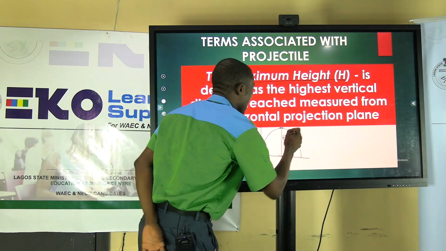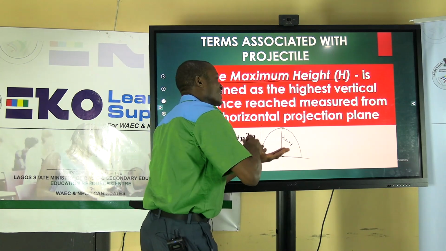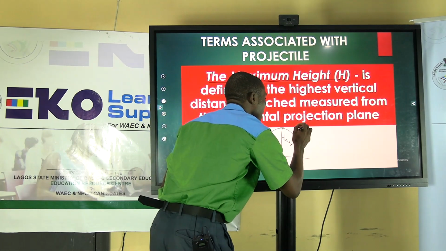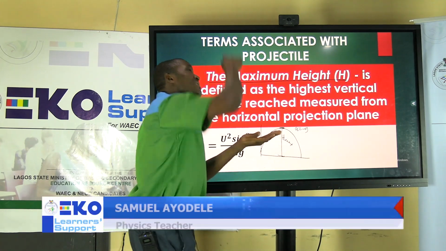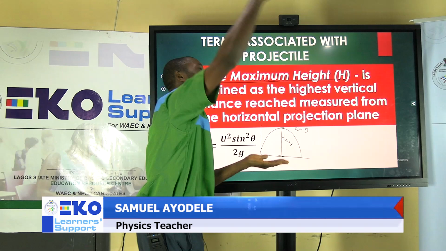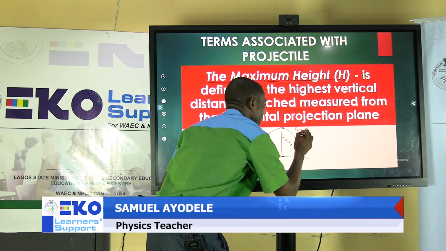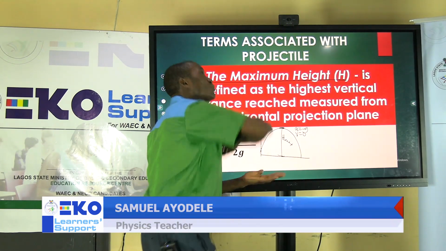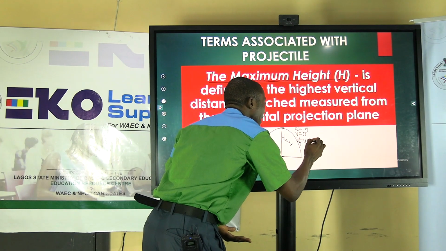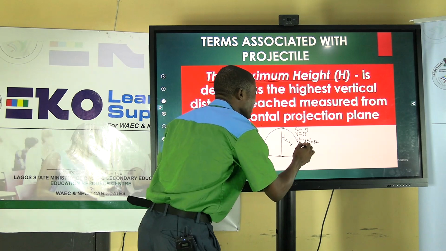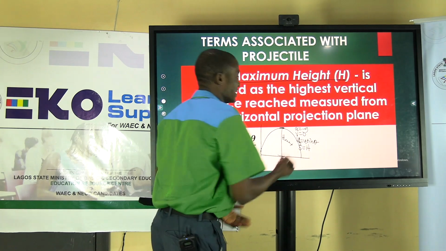Look at this. For you to get to maximum height, it's going up, so your movement is against gravity. And at that maximum height, the object needs to stop, it rests, then starts coming down. Then our final velocity is 0. For it to go up, the velocity responsible for that is uy, which is u sine theta. And in this case, the distance covered is the height that we're talking about.